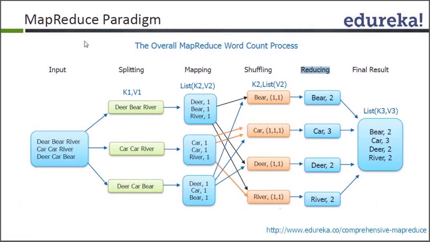This is the whole thing. So shuffling will ensure that all the values across the nodes are brought together. Shuffling is controlled by the application master, and all the values are taken from the individual nodes and given to a reducer.